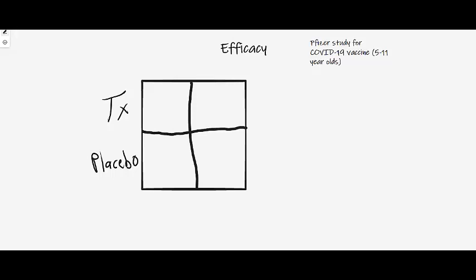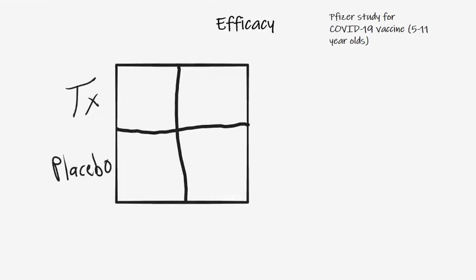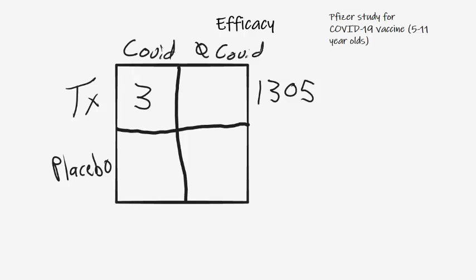And when we look at the data from the COVID-19 study that Pfizer submitted for 5 to 11-year-olds, we see that they gave the vaccine at the dose they said they were going to give it to at 1,305 kids. And of those 1,305 kids, 3 developed COVID. That means the rest did not develop COVID in the time frame of the study, which would leave 1,302.